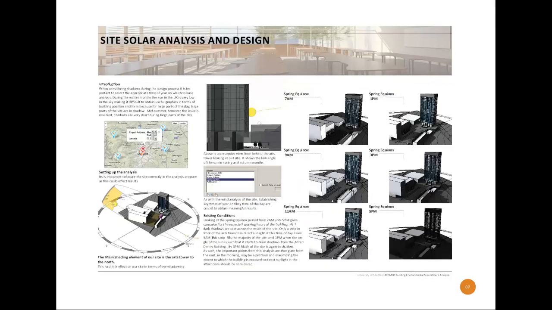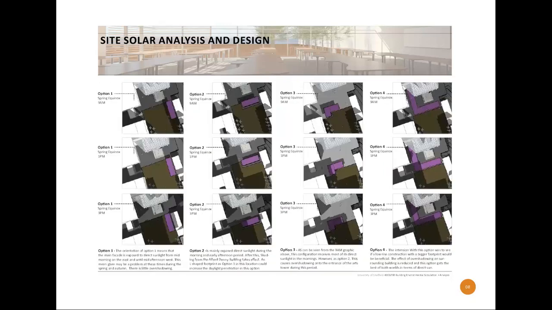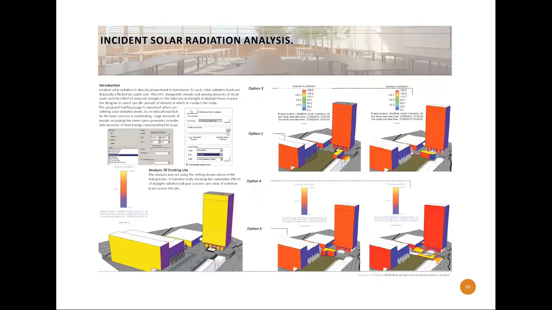Moving into shading, solar analysis. And you probably can't see it very well, but the purple is where he's very carefully trying different building configurations. Looking at the solar radiation of those different designs.